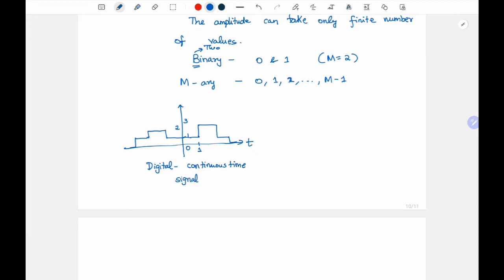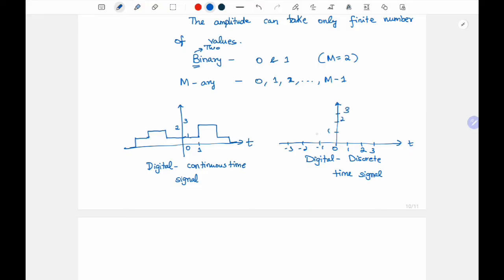signal. What about digital discrete time? So we have digital discrete time signal. So here the x-axis or the time axis is discrete, and the amplitude is also discrete, 1, 2, 3.